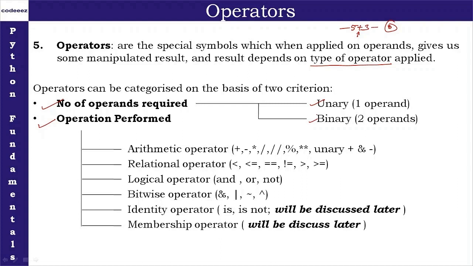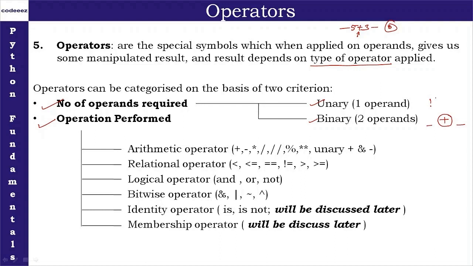For example, the addition operator plus will require two operands, one on its left hand side and one on its right hand side. Then only will this addition operator be able to do some task. That's why it is categorized under binary operators. And when we talk about the NOT operator, this is equivalent to the NOT gate in physics.